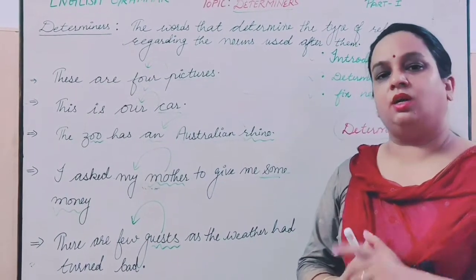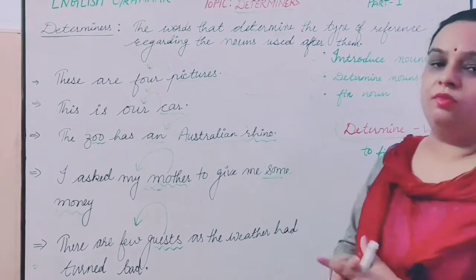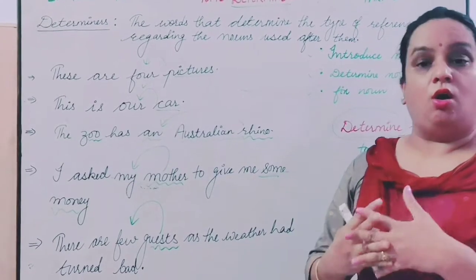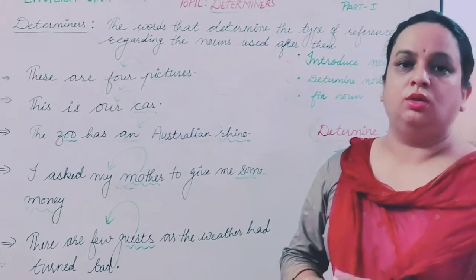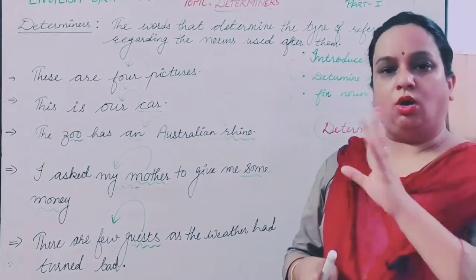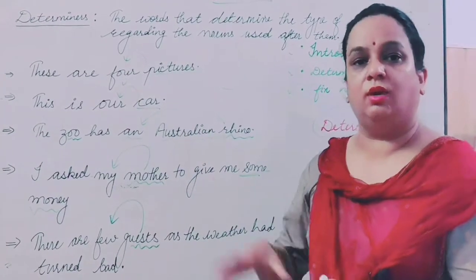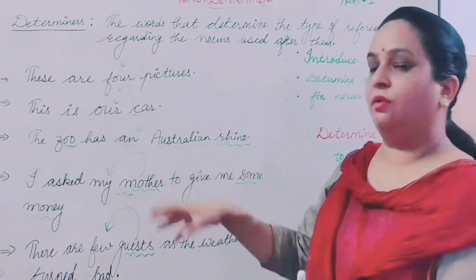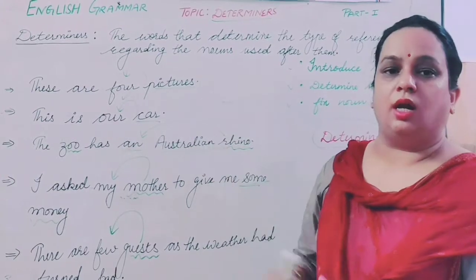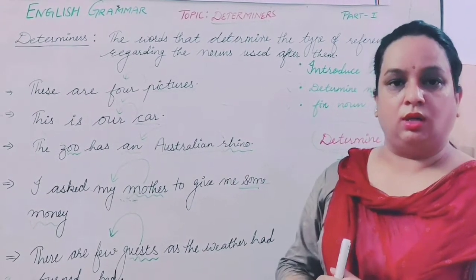Now you must have a confusion that whatever we have done here in these examples, all are known as adjectives also, right? So that is true. Whatever we have taken here, whatever we have separated out here, those are adjectives also. Clear?